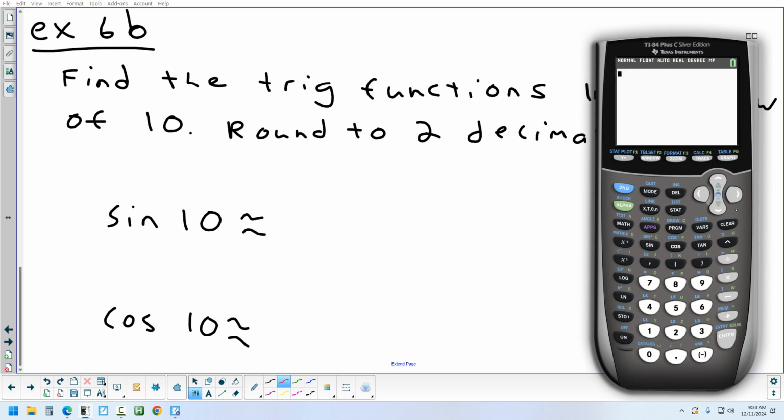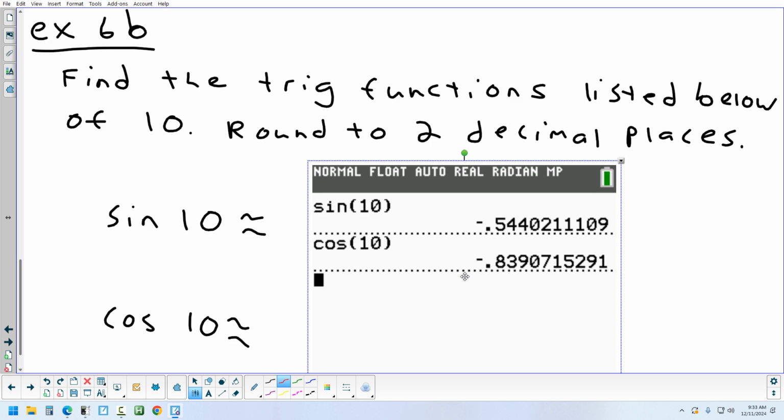Yeah. Right, I have to change to radians, because that 10 doesn't have a degree symbol. Other than that, everything's the same. Sine of 10, cosine of 10. There you go. Okay, so negative 0.54, negative 0.84.